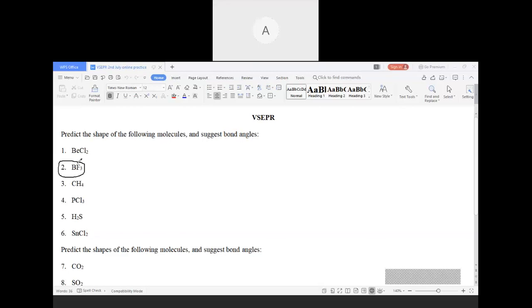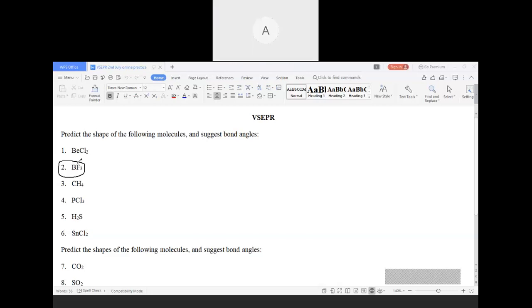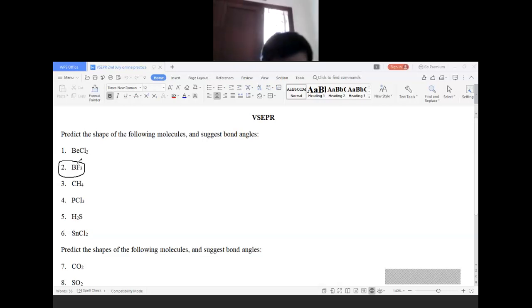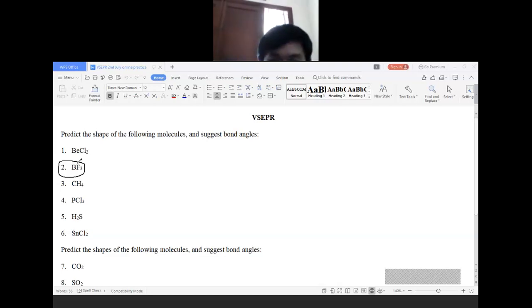How many bond pairs? 3 bond pairs. So, what is the shape? Trigonal planar. It's not difficult, right? Not really. You just give the easiest, because a worked example has to be the easiest. Am I right? Yeah.